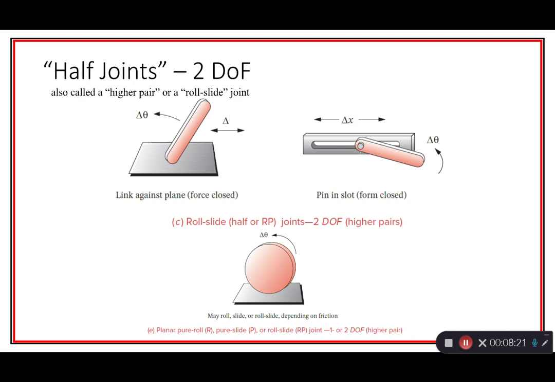This one can become a little bit confusing because you have to zoom in and make a decision when you get to a certain part. I'll try to make that clear. But if you just had this joint right here, you would call it a half joint because it had 2 degrees of freedom.